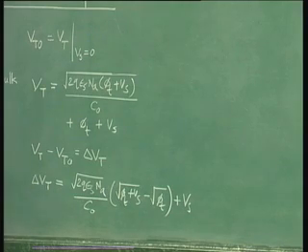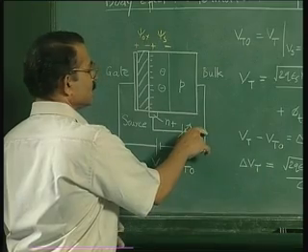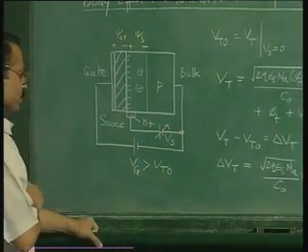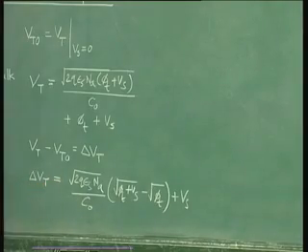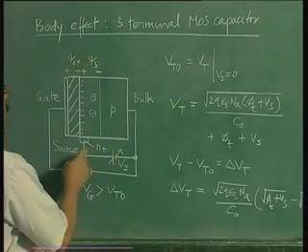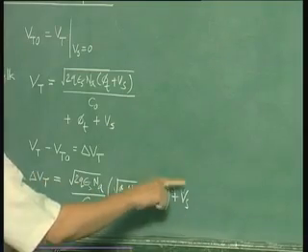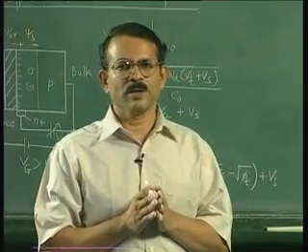We should emphasize that we are using the bulk terminal as a common terminal for applying Vs and Vg. We will see later that this value gets modified if you use the source as a common terminal and apply gate voltage with respect to source and bulk voltage with respect to source. We will find that actually this term Vs will drop out. This we will see when we take up the MOSFET.